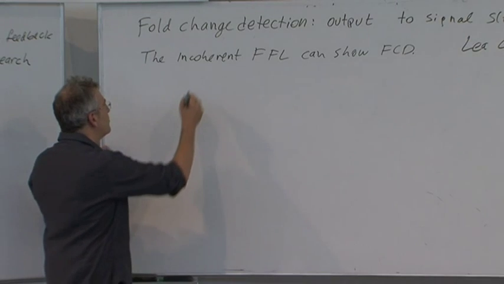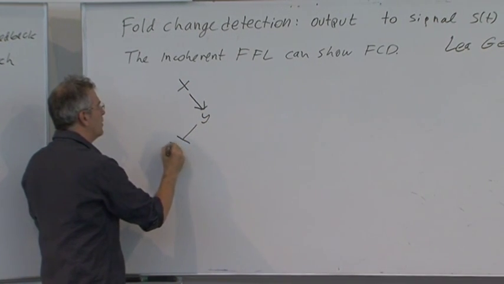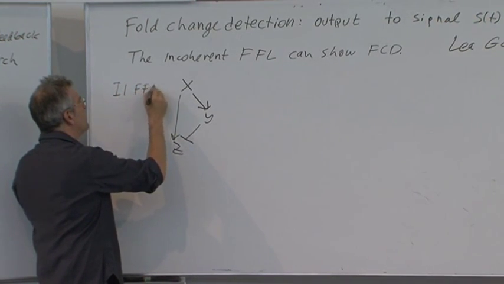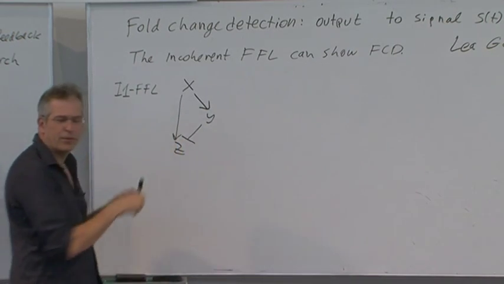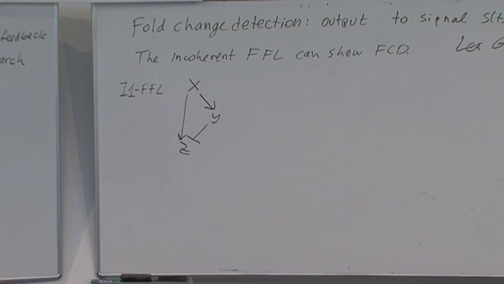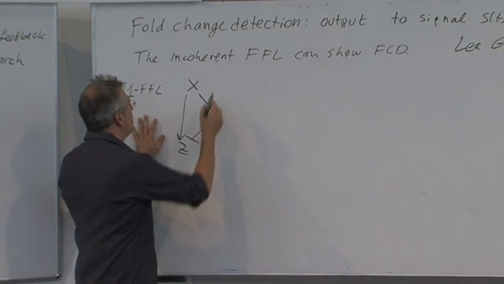Okay, so the incoherent feed-forward loop, as you know, looks like this. This is the type 1 incoherent feed-forward loop. It must be a relief to see a nice friend like the incoherent feed-forward loop that we saw a few lectures back. So let's welcome it with a nice deep sigh of relief. There's some regularity in this chaotic world.